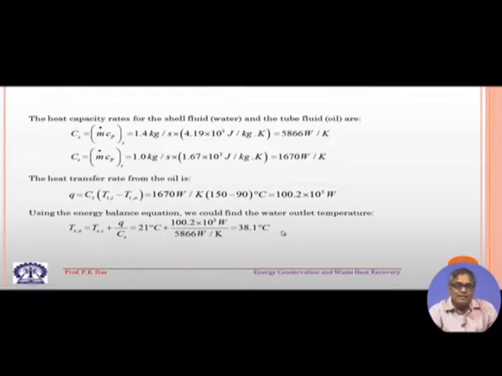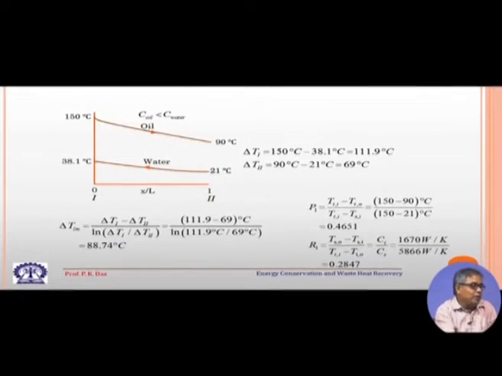So, water enters at 21 degree Celsius and leaves at 38.1 degree Celsius. So, you see with this we have got 4 temperatures of the heat exchanger. So, 150 degree Celsius oil enters, it goes out at 90 degree Celsius, 21 degree Celsius the water enters and it goes out at 38.1 degree Celsius.